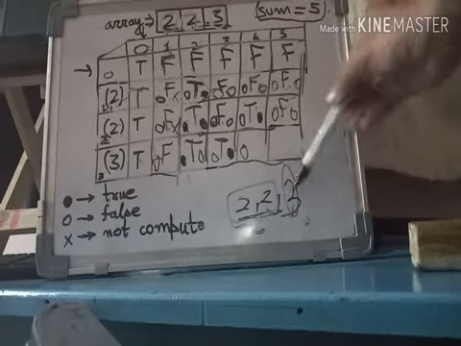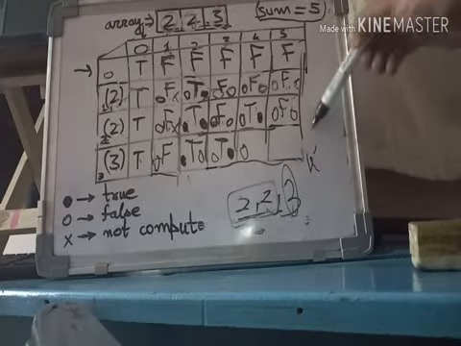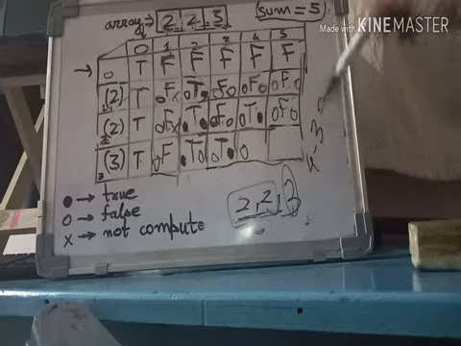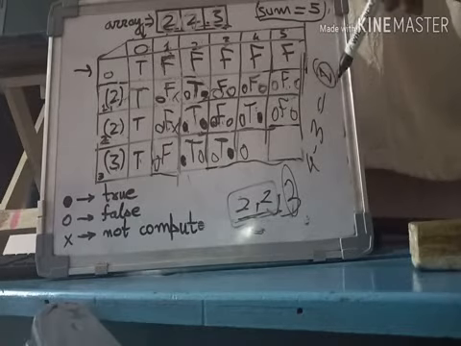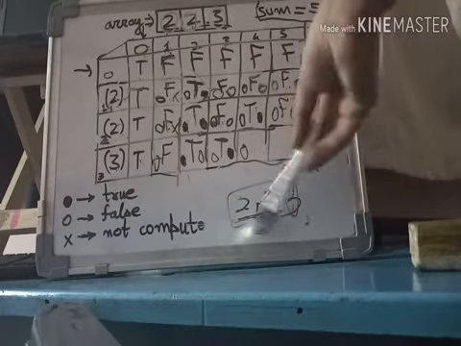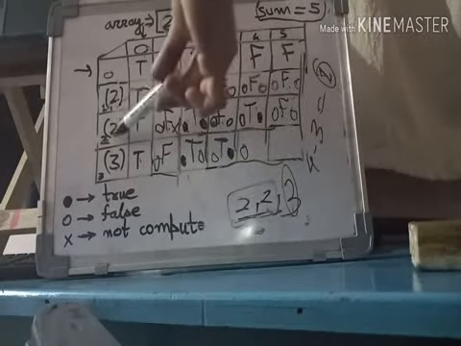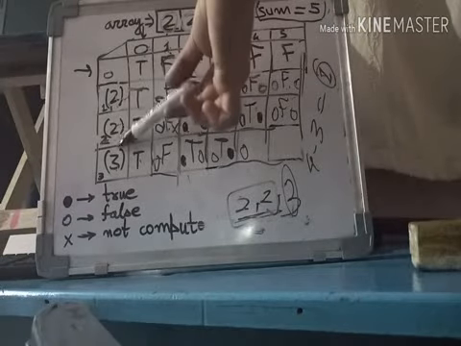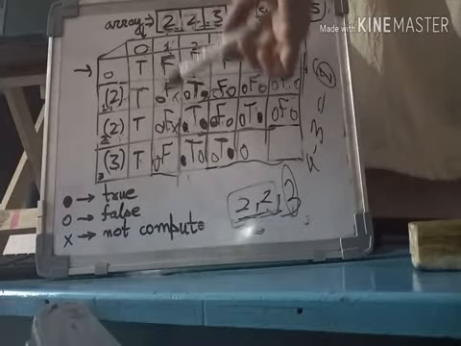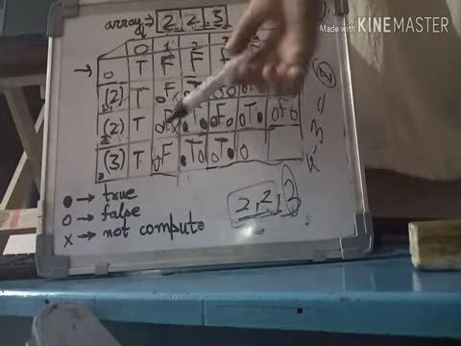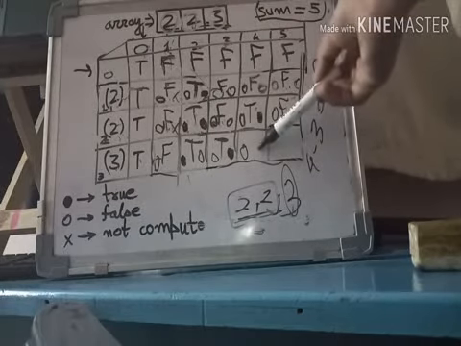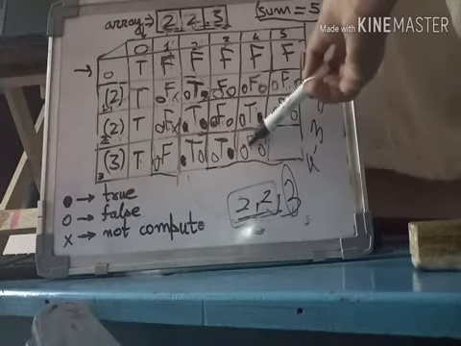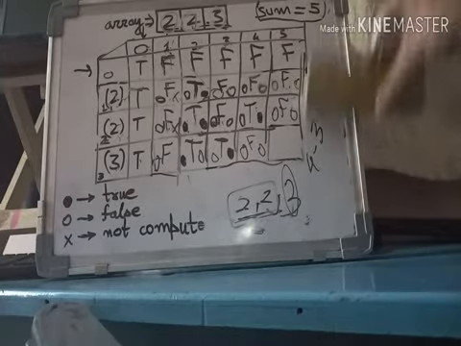Including 3 would be handling a sum of 3 from it. The remaining sum required by the remaining elements would be 1. So I'll be checking here if the remaining elements could give me a sum of 1. No, it's giving me false. So here it's also false. So false, logical OR false is false.